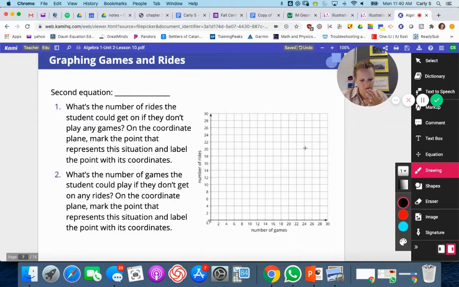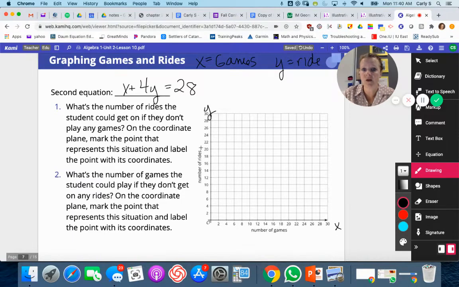So we're going to do number 3. I have x plus 4y equals 28. What's the number of rides the student could get on if they don't play any games? If we remember, x is games, which is true because that's my x-axis and it's labeled number of games. Y is rides, because this is my y-axis and that's labeled number of rides.